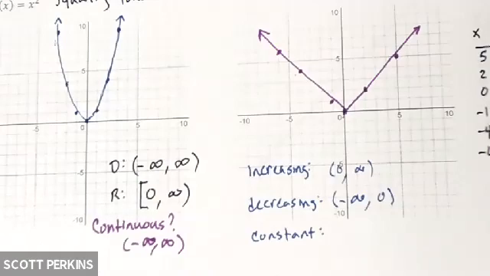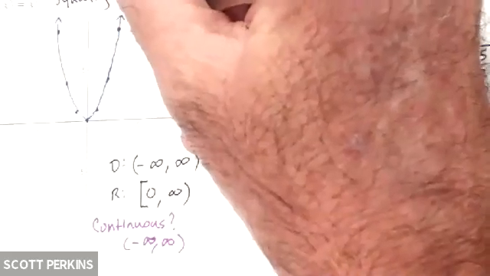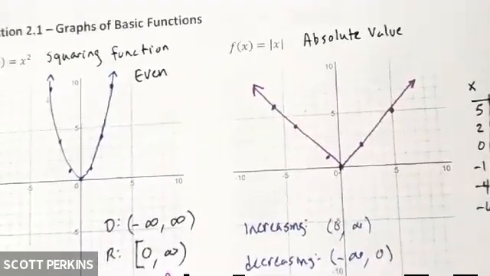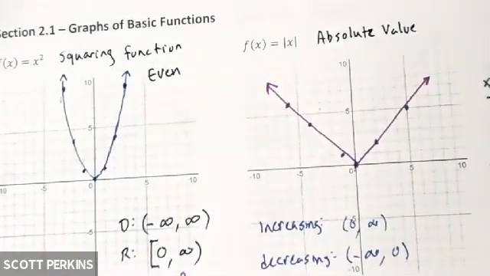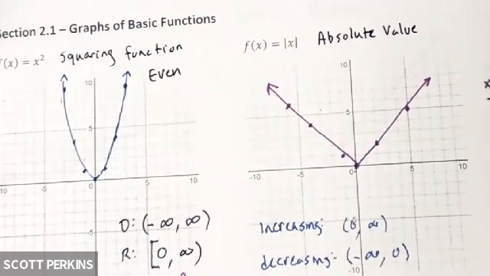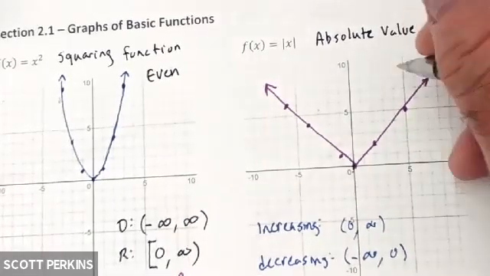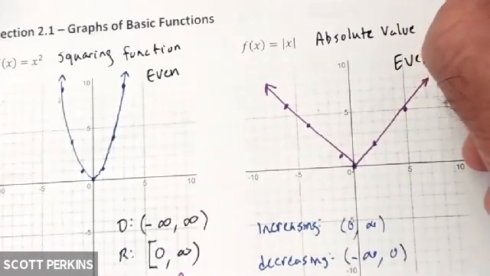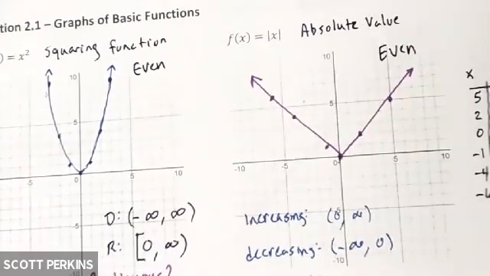What are the 2 functions on the first page that are even? Okay, the squaring function is even. That is indeed true. It's the same thing on both sides of the y-axis. And the absolute value is an even function. It's the same thing on both sides of the y-axis there.